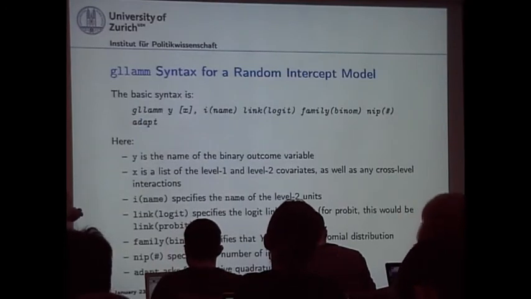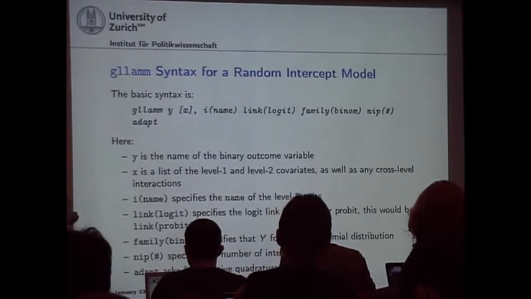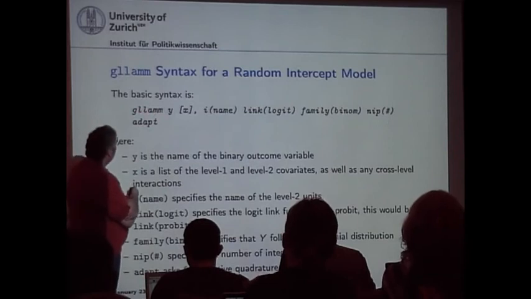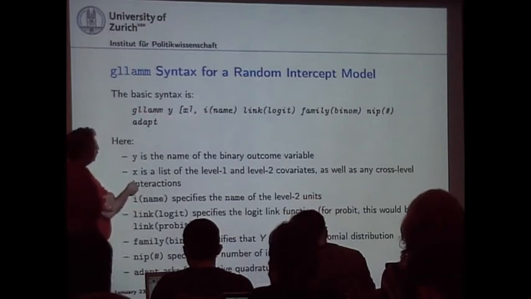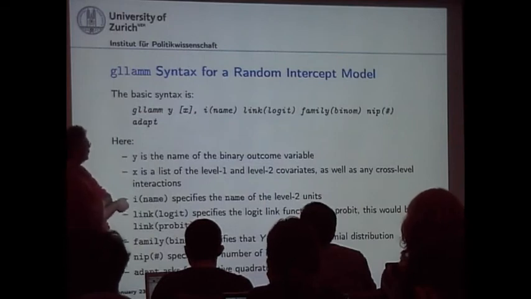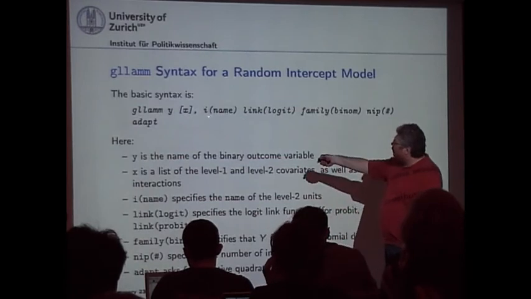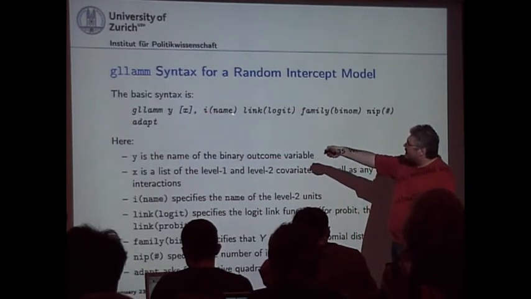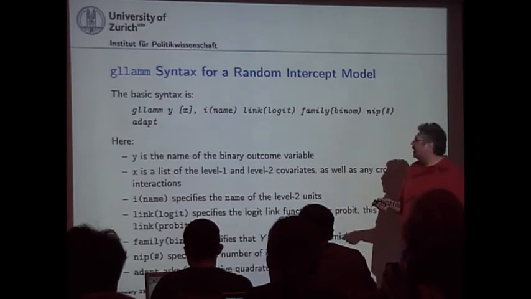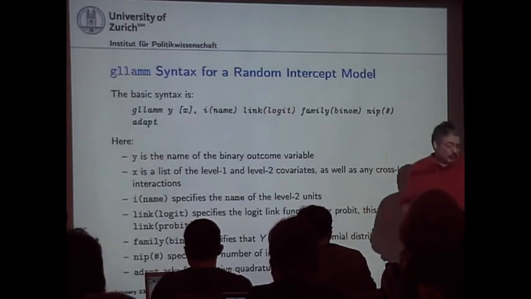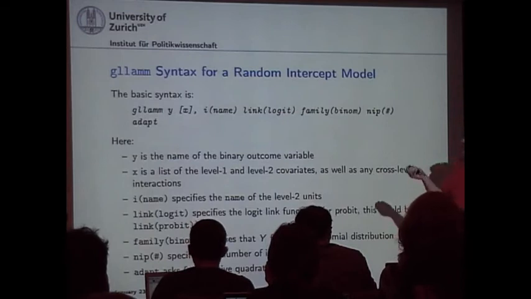The basic syntax for a random intercept in ELECDEM is that you type ELECDEM, then the dependent variable. If you have predictors, you can stick them there. Then you have to specify the name of the level 2 units. You do that with this parentheses name. Then you have to specify the link function, in this case a logit, but if you wanted to do a probit, you would just type probit in parentheses.